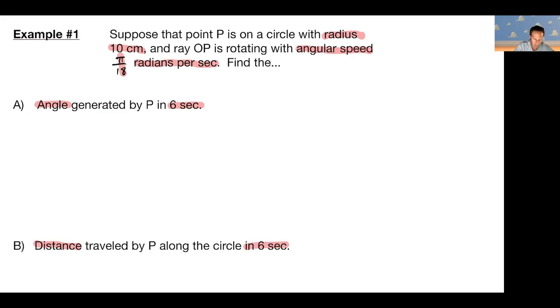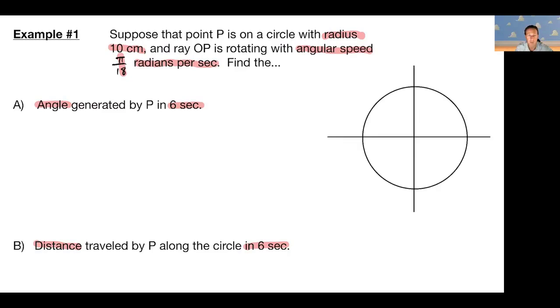So what do we got going on here? Let's give you a quick drawing so that you can see it, and then we'll start working this out. So there's my circle, and they said that we have a radius of 10 centimeters, so we're not on the unit circle, and they have a ray OP, and it's rotating with angular speed of pi over 18 radians per second.